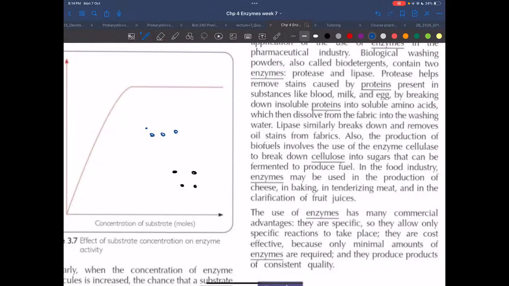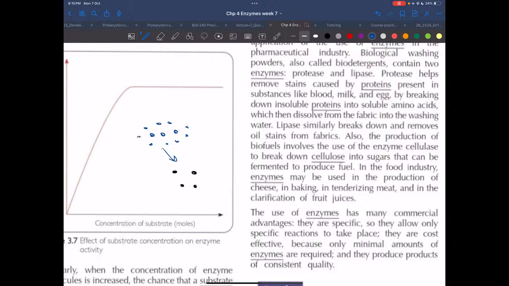I have 4 enzymes and 4 substrates. If I increase the concentration of substrates, they're more likely to bind or interact with the enzymes, correct? Correct, because I have more substrates, I have a better chance for them to interact with each other.